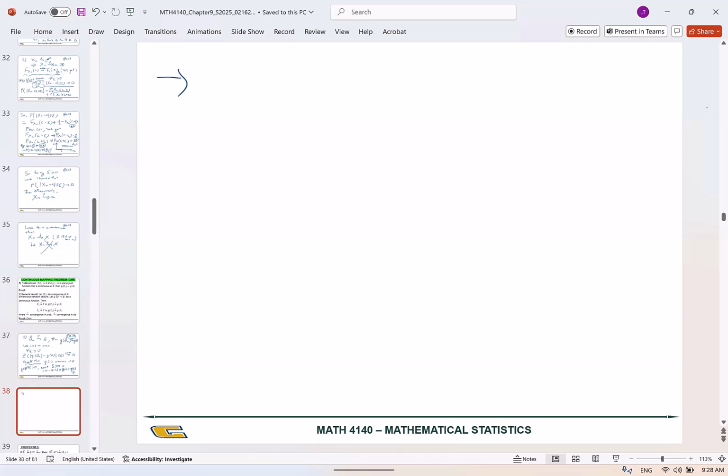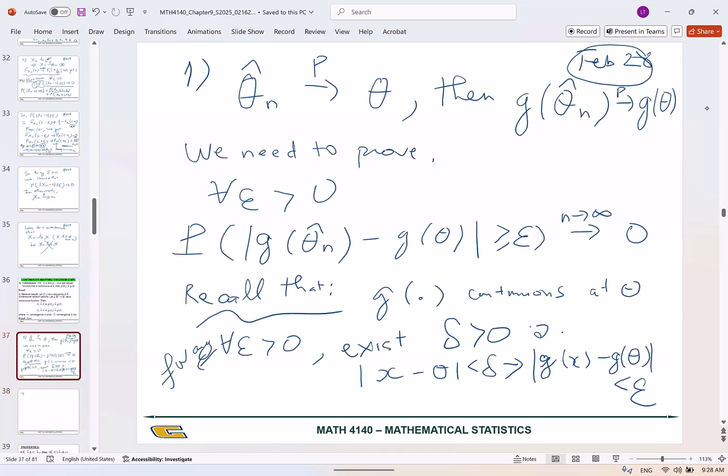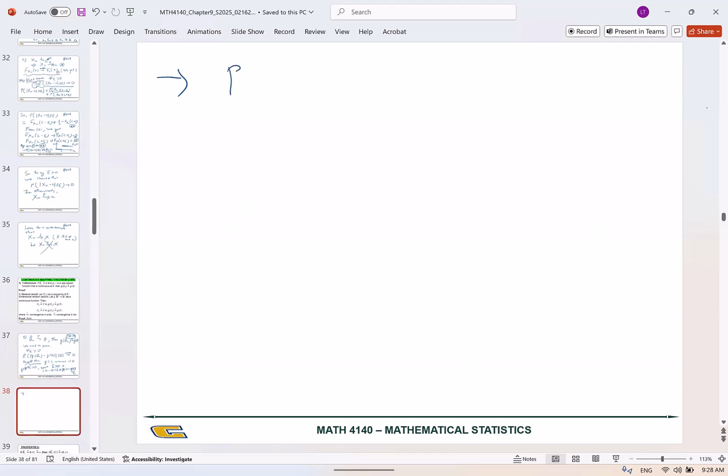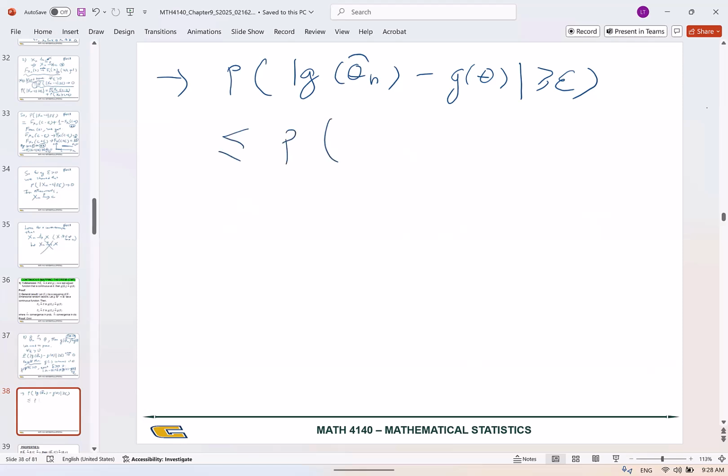So because of that, now you can see that this property, g of theta n hat versus g of theta, will be less than or equal to, interesting, because of this transition with delta. Think about this, but it's true.